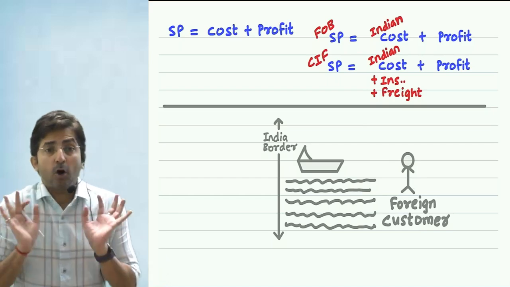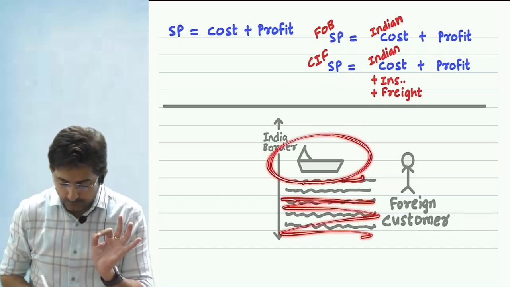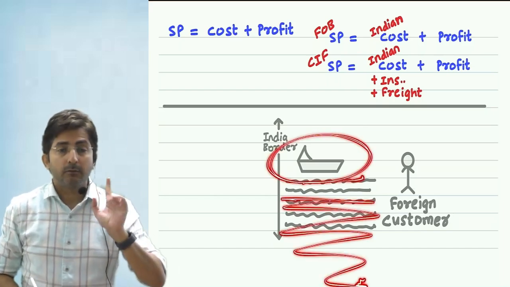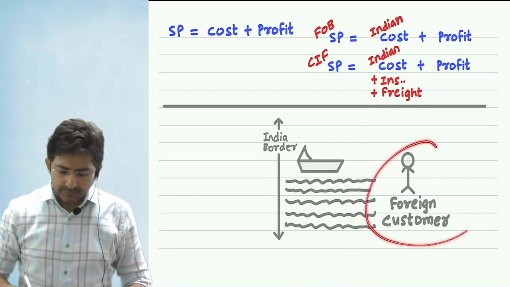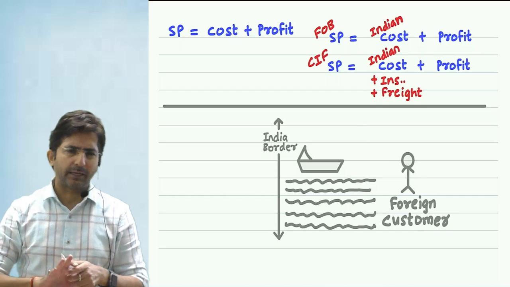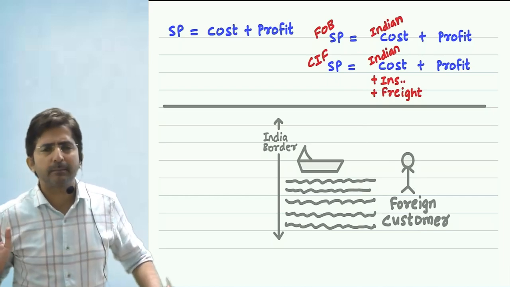So I will not bear the cost of the ship and the cost of this insurance. Why? Because I am free on board. And the customer said, I am okay with it. I will bear those expenses. You simply export the consignment.